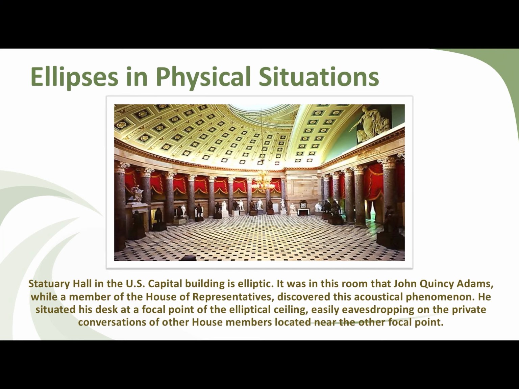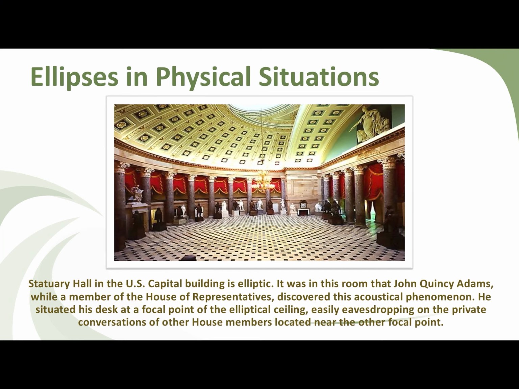And I don't know if any of you have been in the Tabernacle in downtown Salt Lake, and that is an elliptical building. So what happens at the foci is they call it a whisper gallery when it's elliptical.